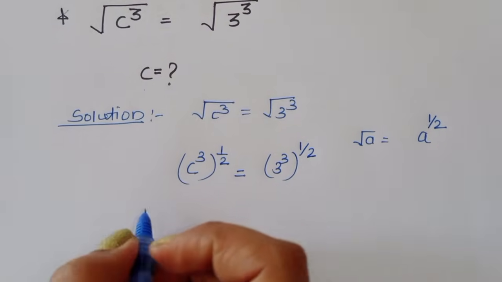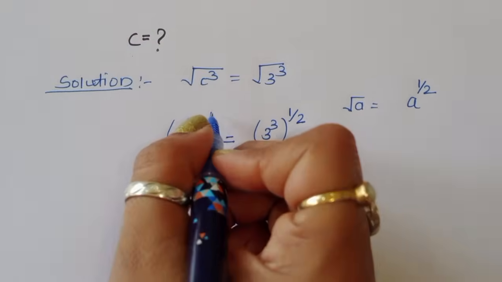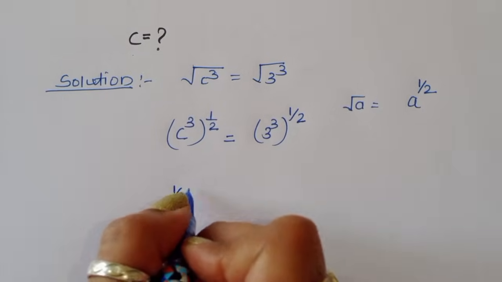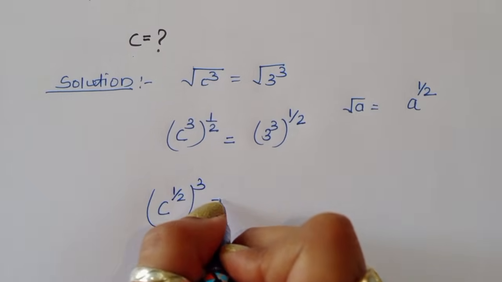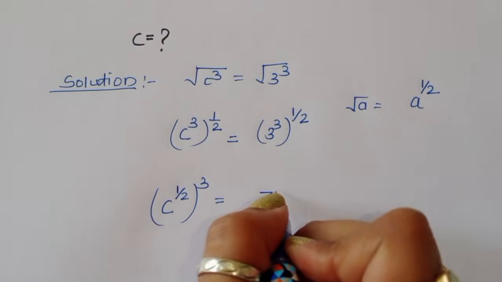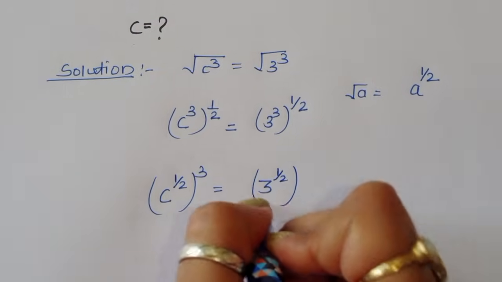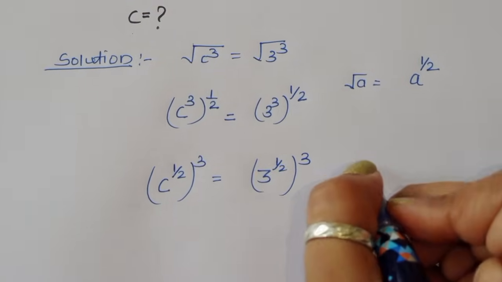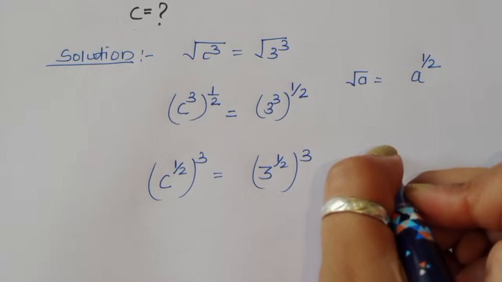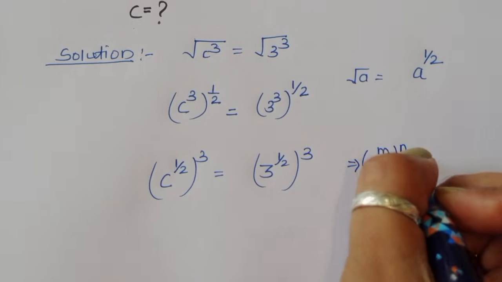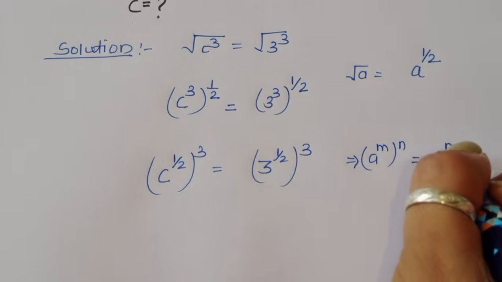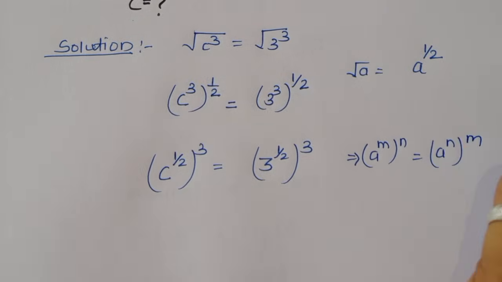Now we can write c power 1 by 2 power 3 is equal to 3 power 1 by 2 power 3, because we know the formula: if a power m power n is given, we can write a power n power m.